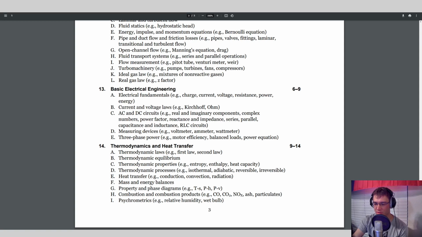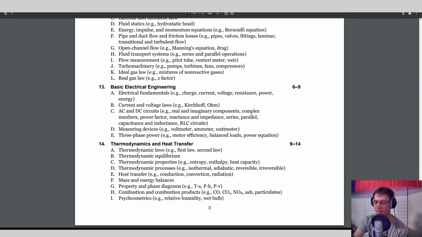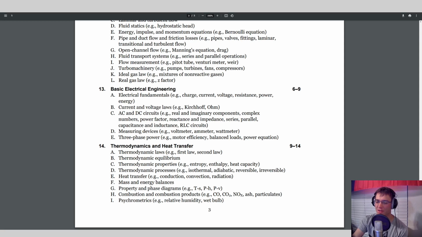No Wheatstone bridges, or maybe they use those as part of the way to set up the problem. Interesting. And then thermodynamics. I moved that whole thing. Go back. There we go. Thermodynamics and heat transfer.